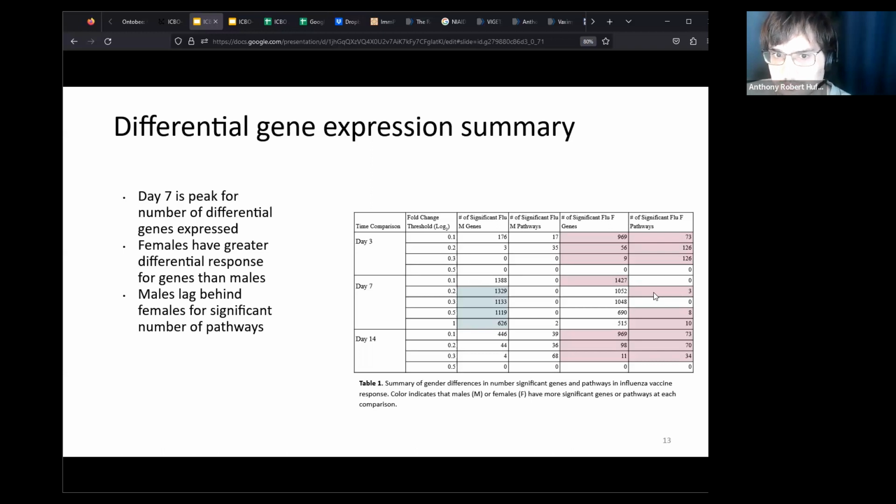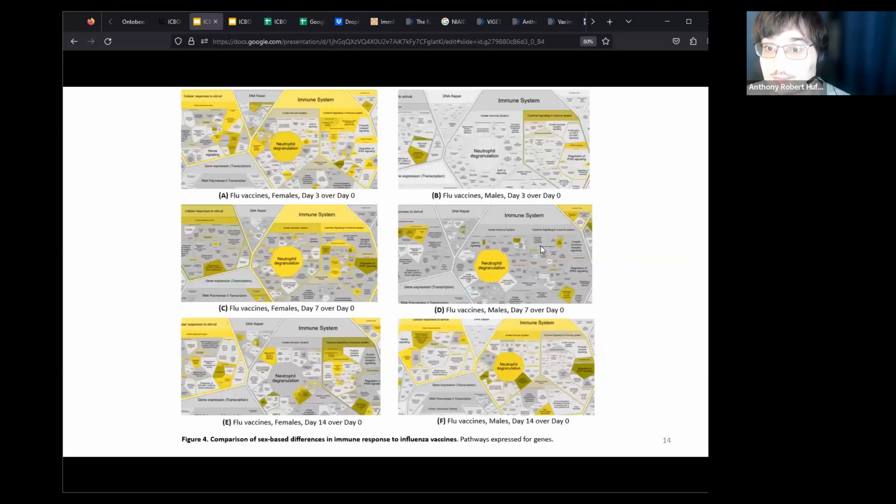But there seems to be some sort of temporal lag when we take a look at which pathways are found to be significant. So this is nice as a summary figure. What does that look like when we map it to Reactome? And it looks like this. So we mostly focused on cellular response to stimuli and immune system, as those were the two pathways which had most of the details.